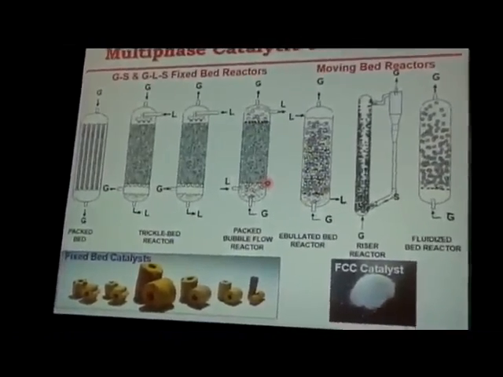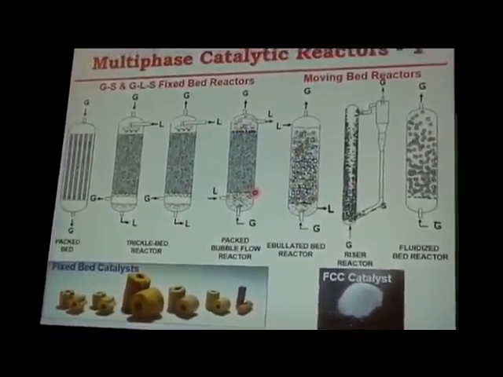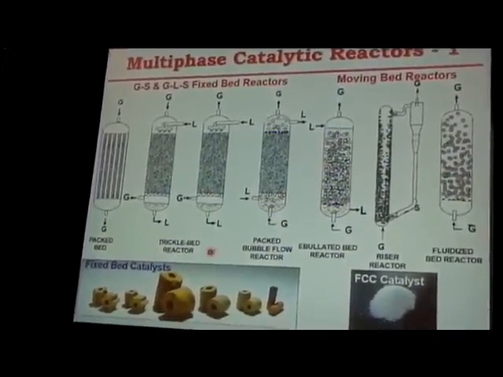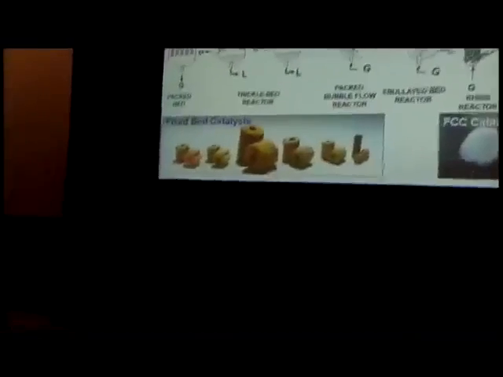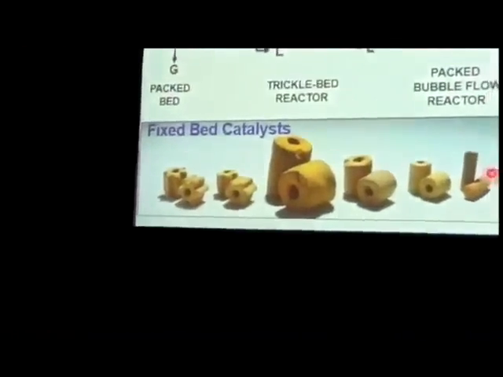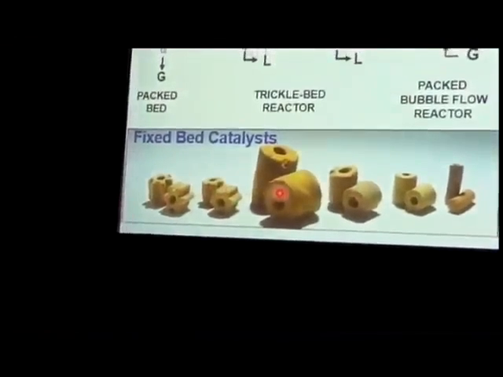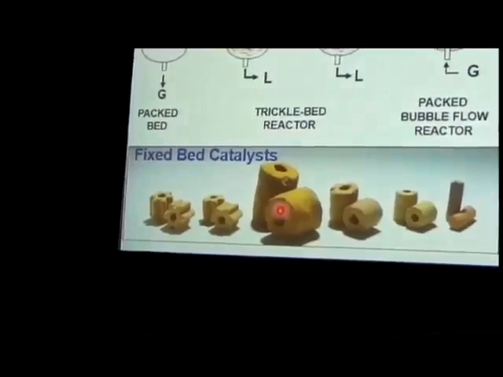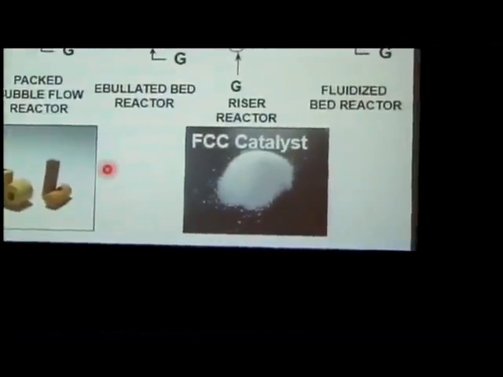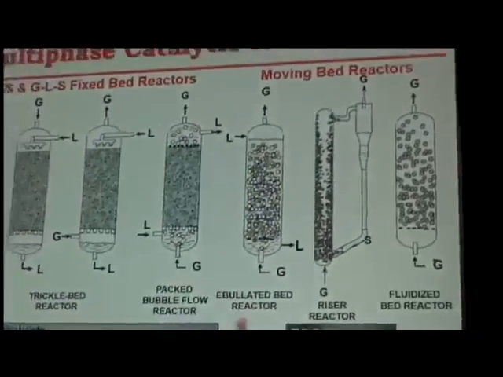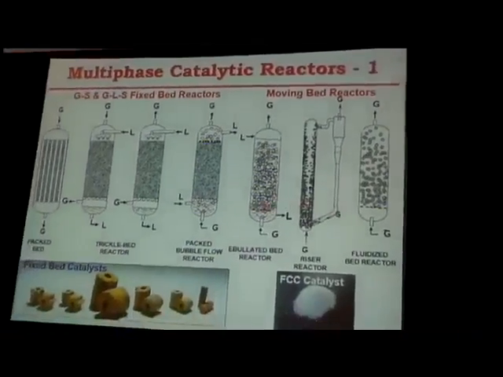So in that case, we have the classification of gas-solid or gas-liquid-solid fixed beds. Now, the type of particles that we see in fixed bed reactors can vary. Here are some examples. These are multi-lobe materials. These are so-called ring materials, and also extrudates. And these are just a small sampling of the various particle sizes which are available and used.